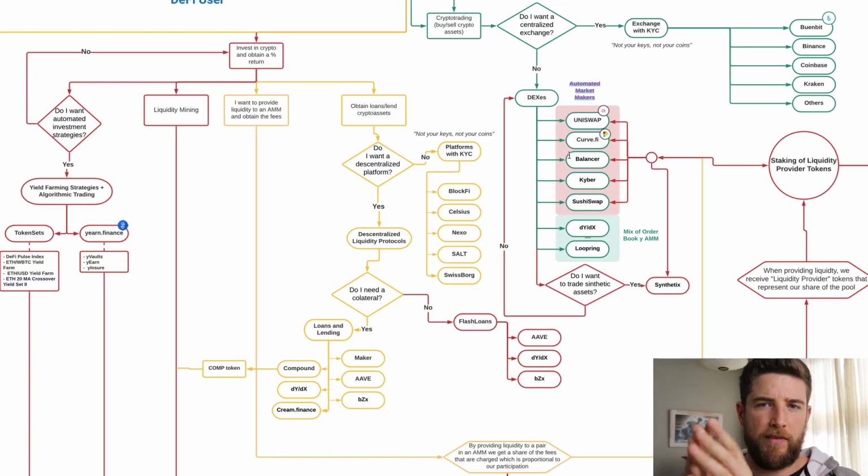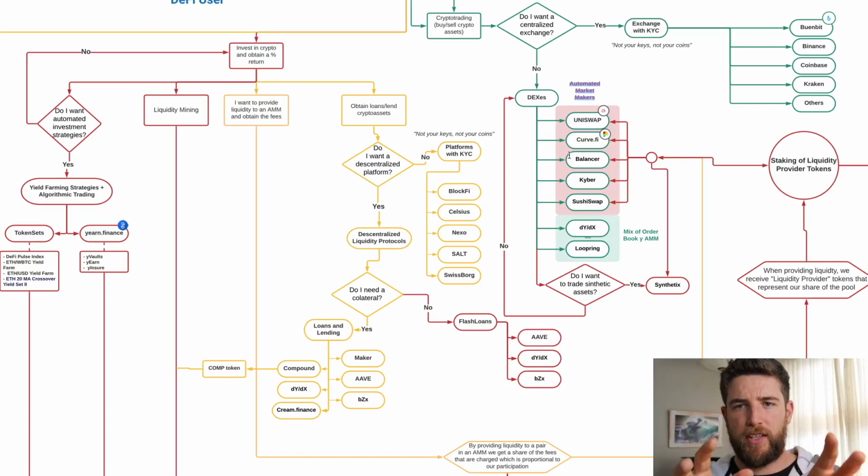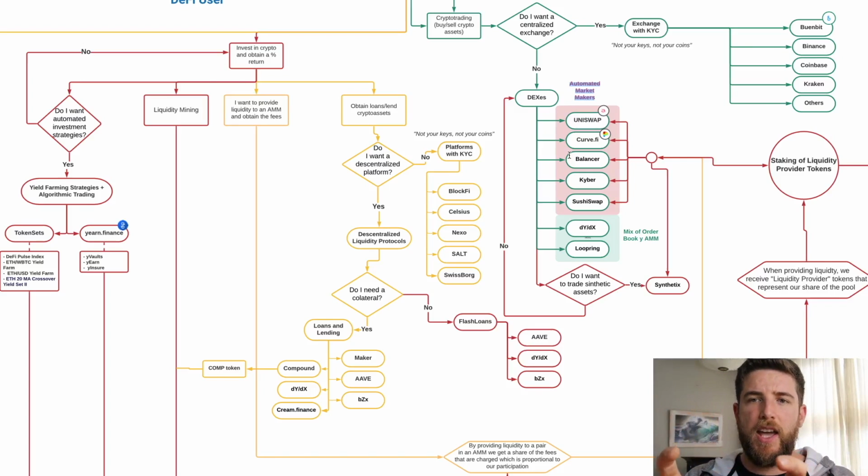If, for example, you have ETH and DAI, some people will put in 50% ETH, 50% DAI, and those people are called liquidity providers. And these people get a fee for every trade that is made on that bag of money. The trade is from other people who want to trade.